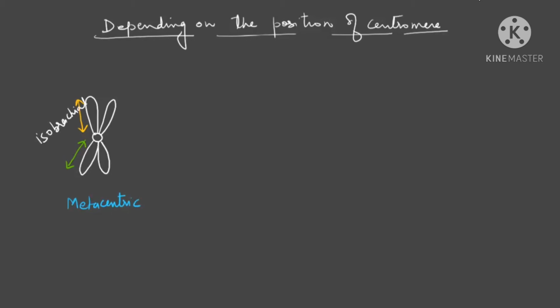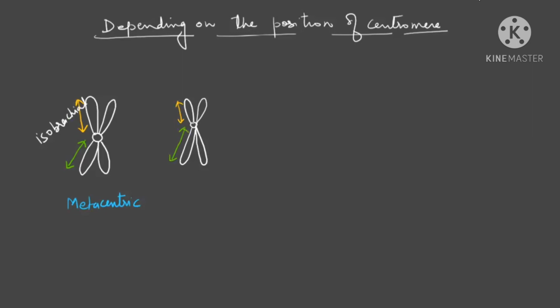Now check the next diagram carefully. The centromere is not exactly in the middle. As a result, the upper arm has become short and the lower arm is long. So 2 unequal arms are created.